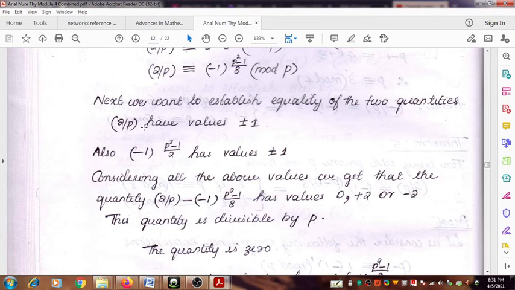Therefore, when we consider the Legendre symbol (2 bar p) minus minus 1 raised to (p square minus 1) by 8, it can have the values 0, plus 2 or minus 2.